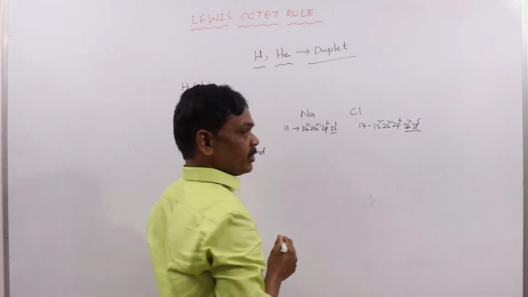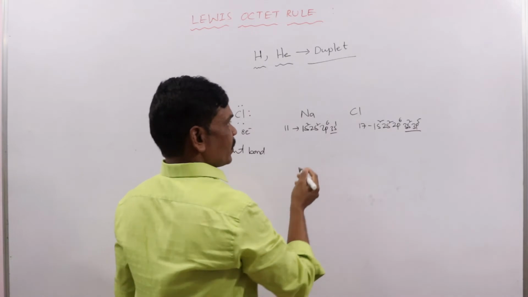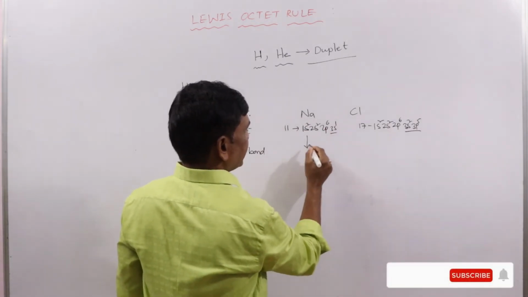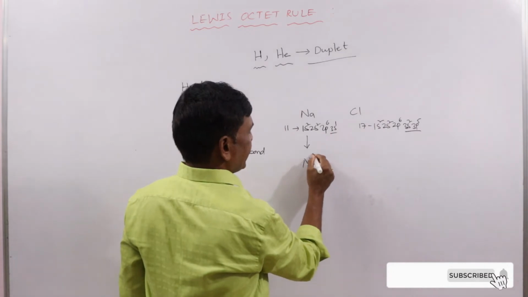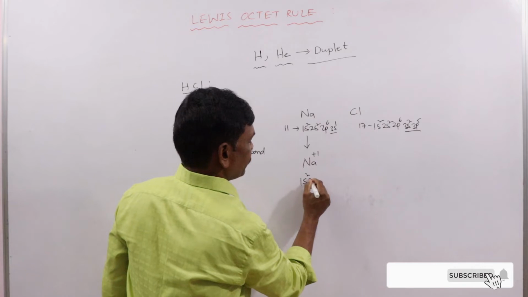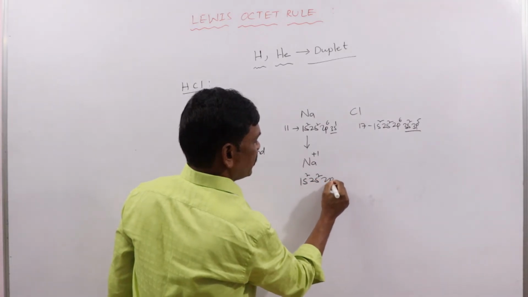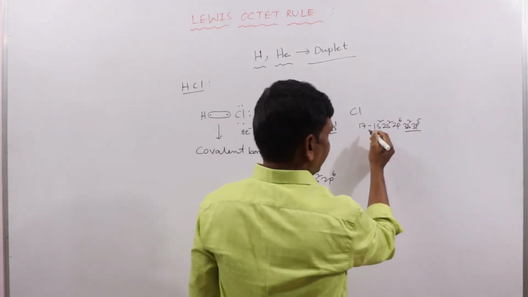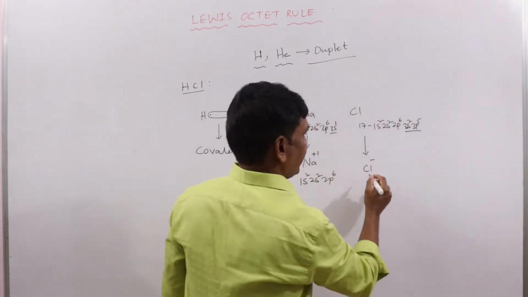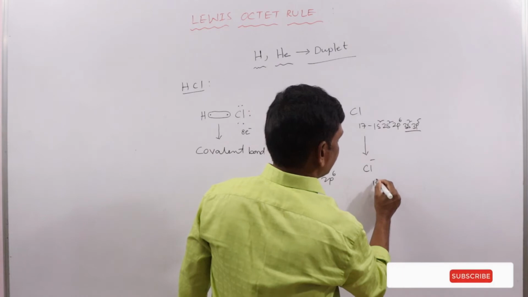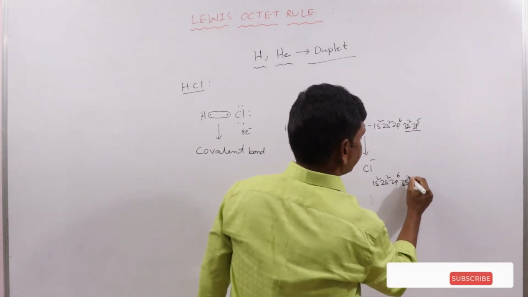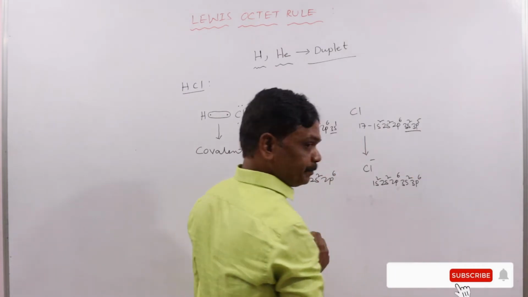Whenever sodium loses one electron it forms the sodium ion, Na plus, with electronic configuration 1s2, 2s2, 2p6. Similarly, whenever chlorine gains one electron it forms the chloride ion, with electronic configuration 1s2, 2s2, 2p6, 3s2, 3p6.